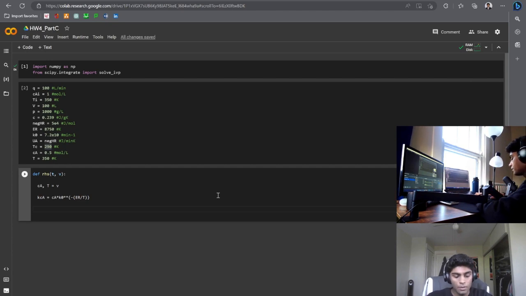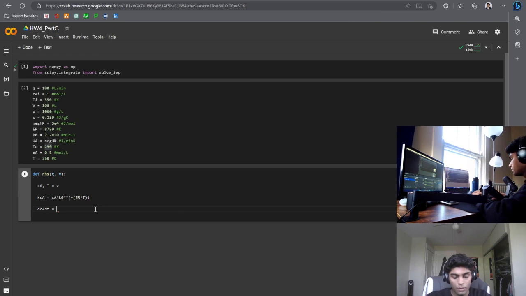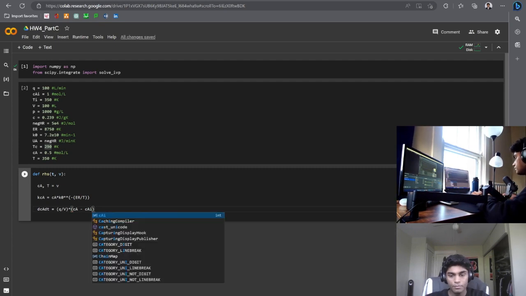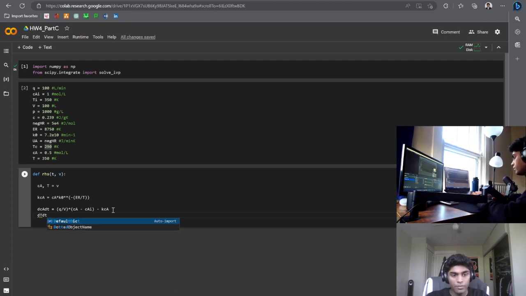So we have dCA dt is going to be equal to, let's see, Q over V times CA minus CAI minus KCA, and our dT with respect to time is going to be the big long one here.